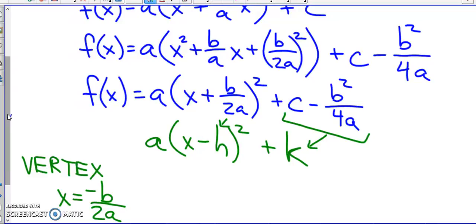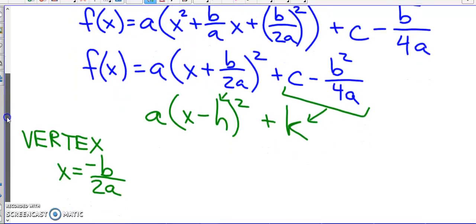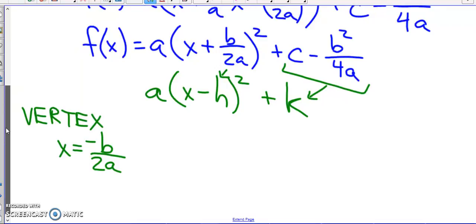Now, technically, the y-coordinate is equal to c minus b squared over 4a, but I'm telling you that no one uses that formula. The reason why no one uses it is because if you just take the x-coordinate and plug it in, you'll get the y-coordinate.